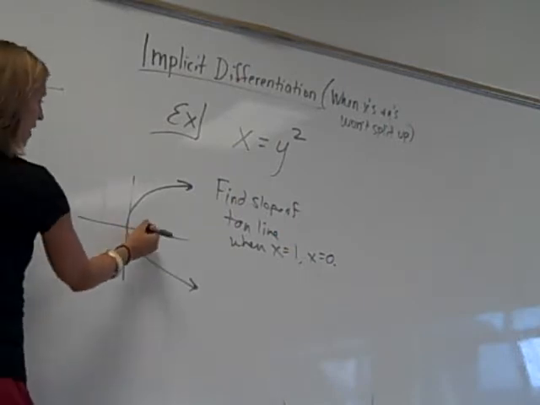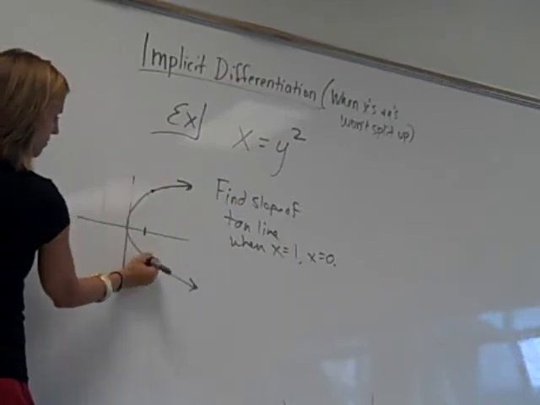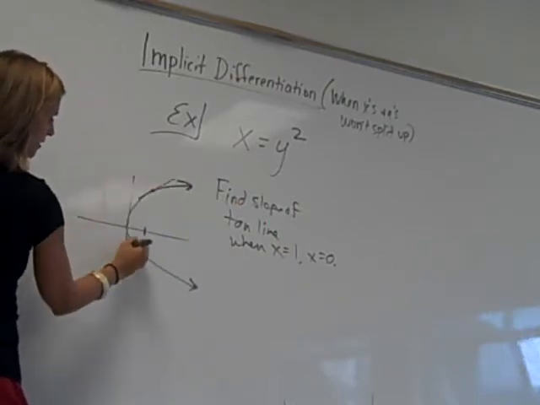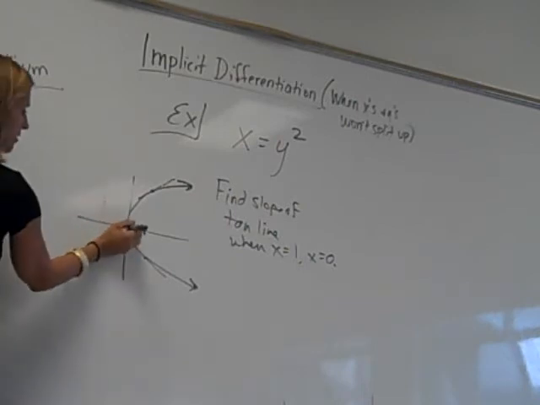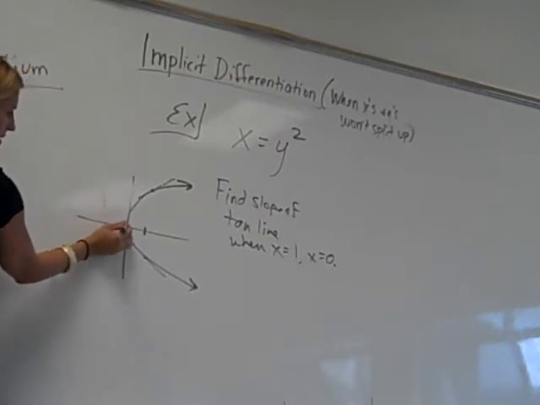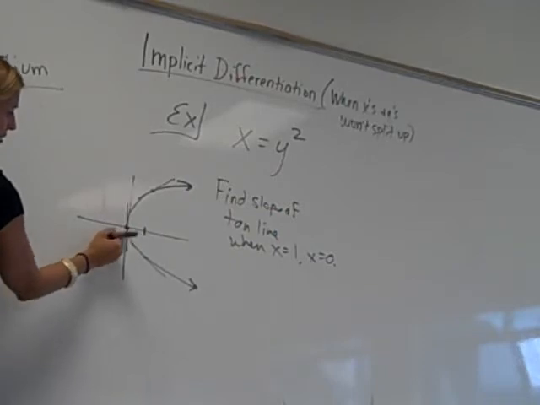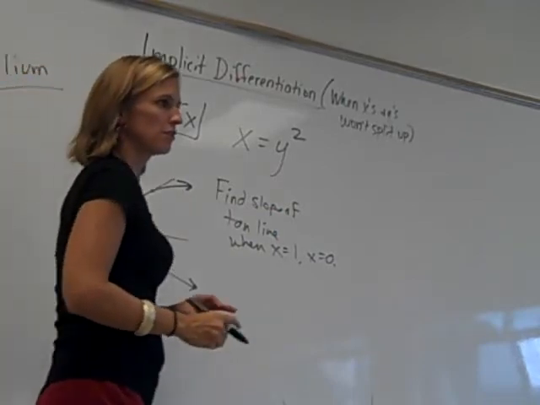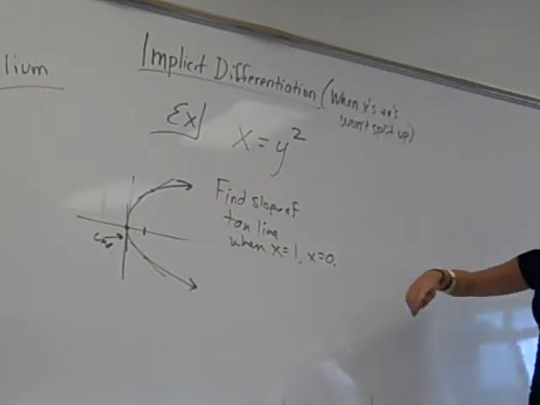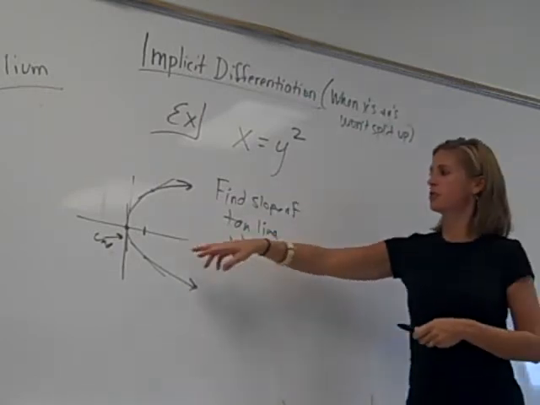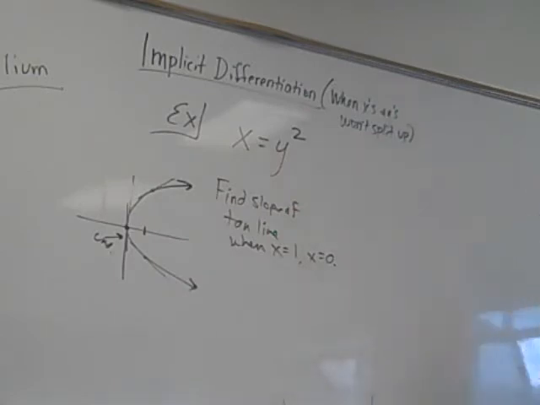When x equals 1, I'm here and I'm also here, so I should technically get 2 answers. And when x equals 0, I'm here. Any guesses for what this slope is going to be? I should have an undefined slope. So let's see what happens. This relation shouldn't be differentiable at x equals 0. We should get an undefined slope because it should be vertical.